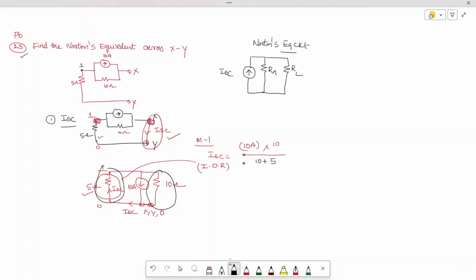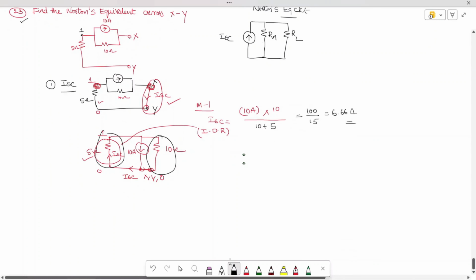The way you apply this is very important. So therefore we are going to get 100 divided by 50, and with the calculator this gives 6.66 amperes current. So this is the way of solving by method 1.